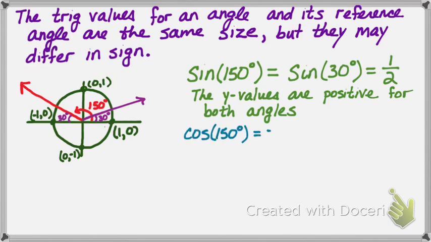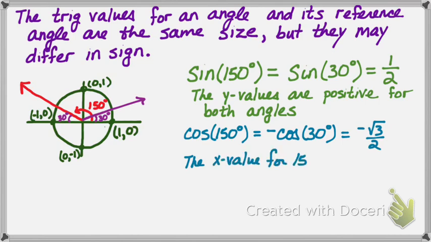Then cosine of 150 degrees is negative cosine of 30 degrees because the x values are different signs. One is negative at 150 degrees, and the x value is positive for 30 degrees.